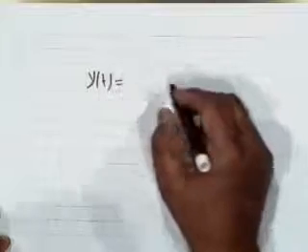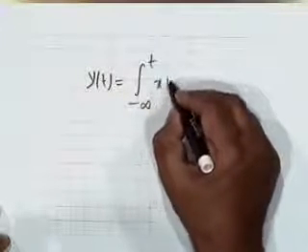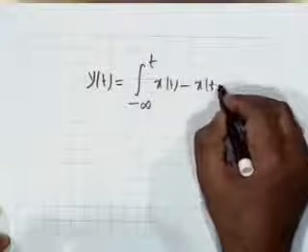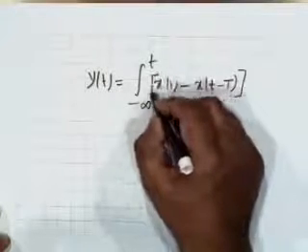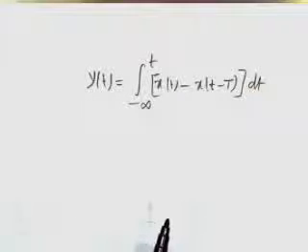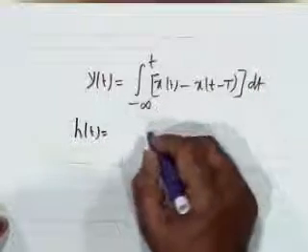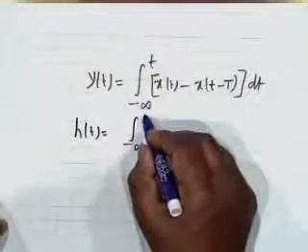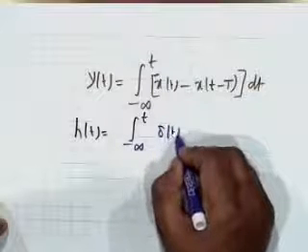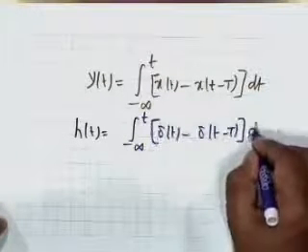The next question was to determine the impulse response. Well, y of t is the integral from minus infinity to t of x of t minus x of t minus capital T, dt, and the impulse response means that you simply substitute x of t by delta t, and the result is h of t equal to the integral from minus infinity to t of delta t minus delta t minus capital T, dt.